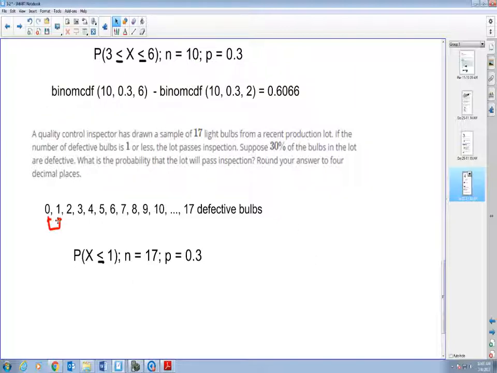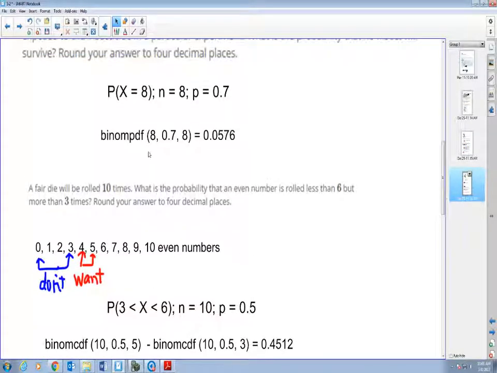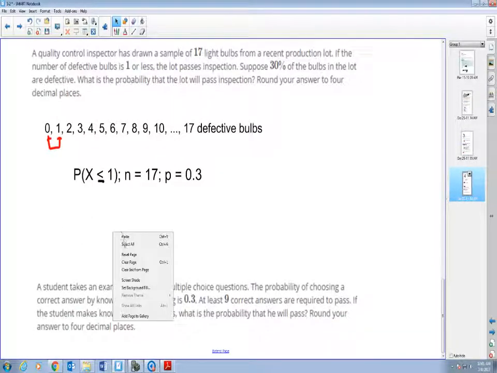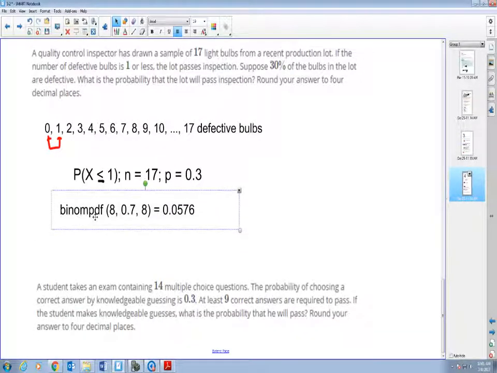So that will be 0 and 1. So that will be binomial CDF, 17, probability of being defective is 0.3. The number of defective I want is all the way to 1.